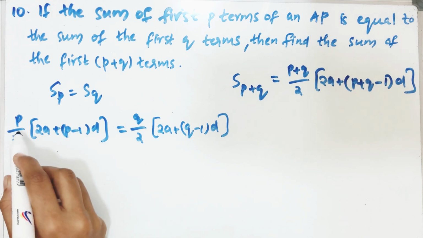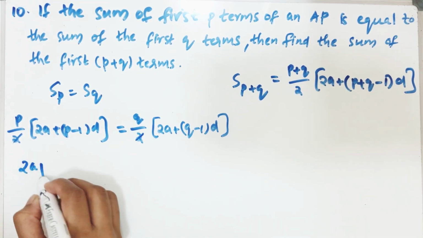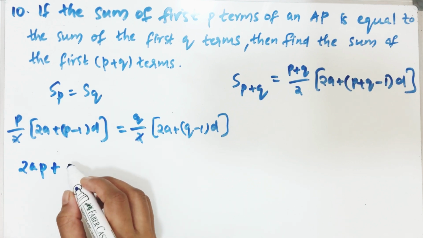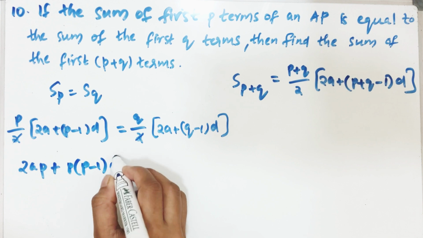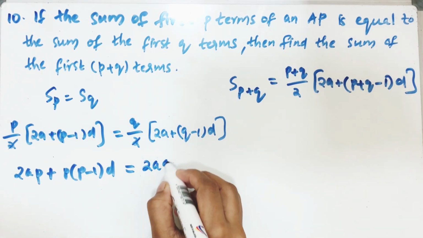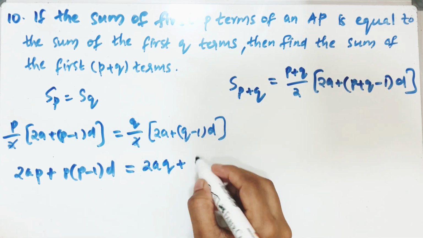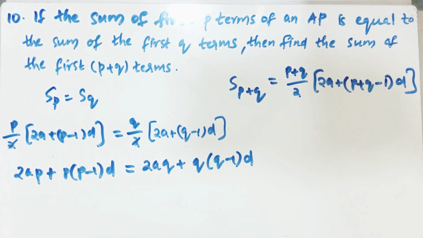Here 1 by 2 we can cancel, which gives 2ap plus p into p minus 1 into d, which is equal to 2aq plus q into q minus 1 into d. Take the terms with d to one side.